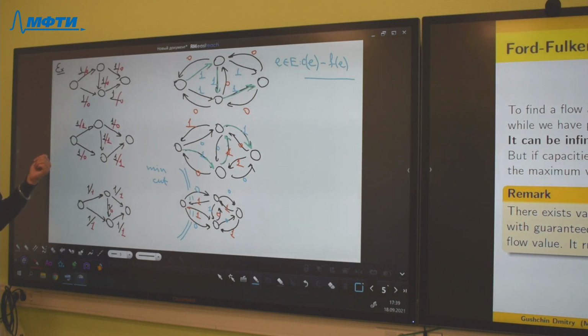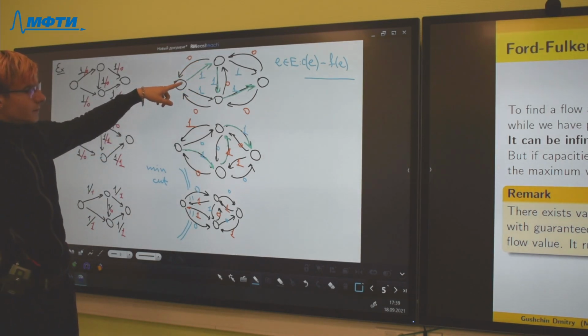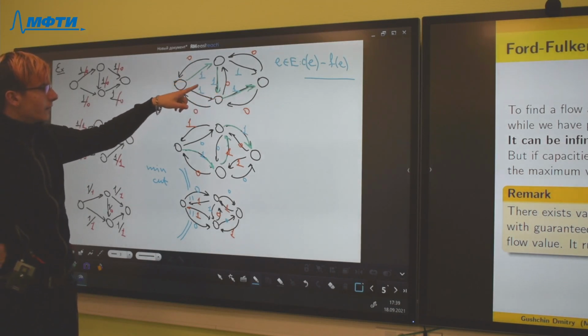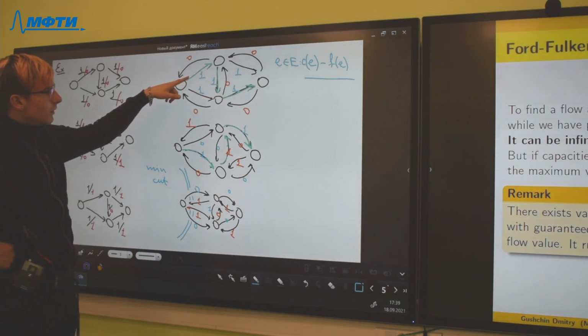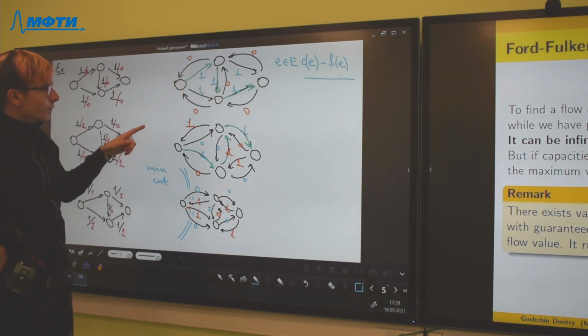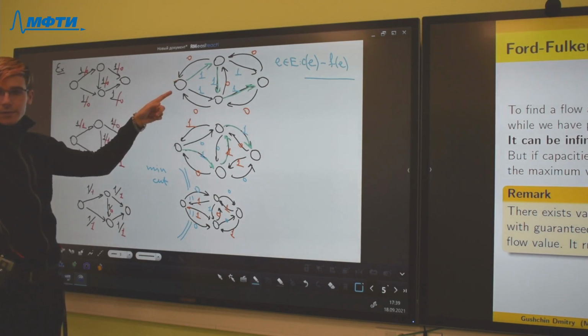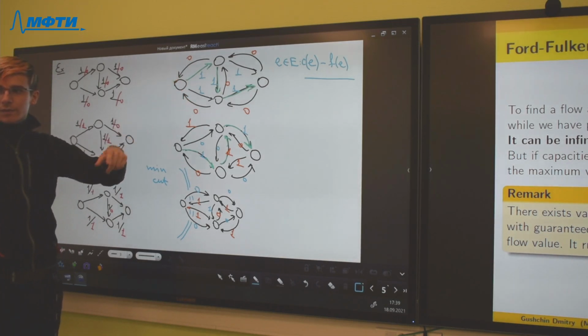Yep. No? I think there are several things that are not understandable. What is an augmenting path and what is the residual network? An augmenting path is the path in the residual network that contains only edges with capacities bigger than 0, that starts in the source and ends in the sink.